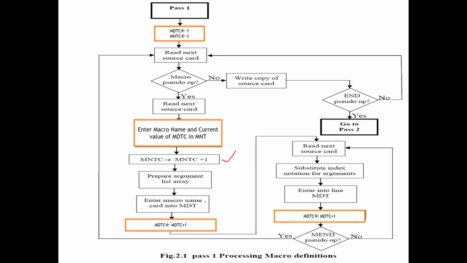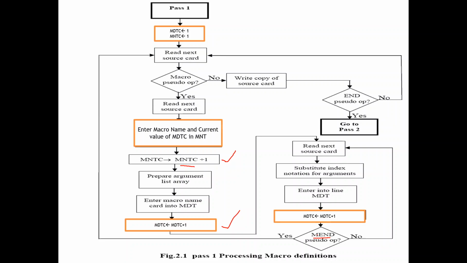Then in the macro definition table, you keep incrementing until you find MEND. Once MEND is found, the definition has ended, so the macro definition table counter will not increment. When you find another macro, the macro name table counter will increment, and again you start incrementing the macro definition table until you see MEND. This is what happens in pass 1.